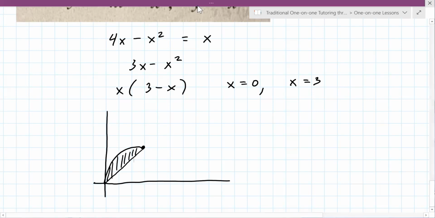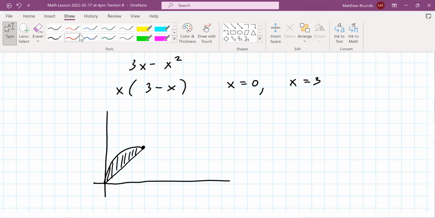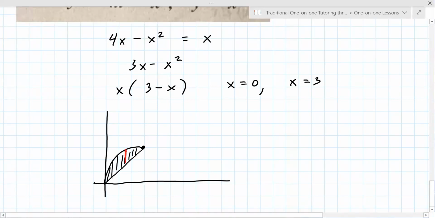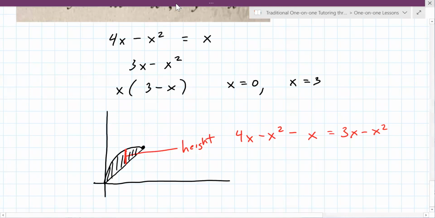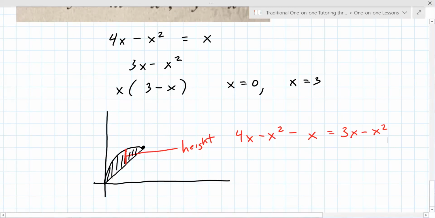So your height this time, this is your height. So this is 4x minus x squared minus x, which is 3x minus x squared. That's your height.